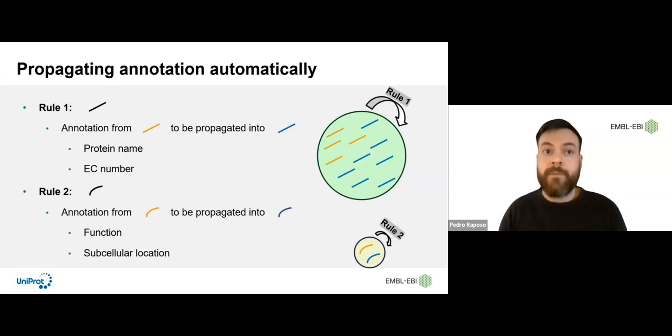Now, the types of annotation we can propagate will depend on what was originally curated from the SwissProt proteins. So in the first example, we can propagate the name and the EC number. But in the second group, maybe we can just propagate the function comment and subcellular location.